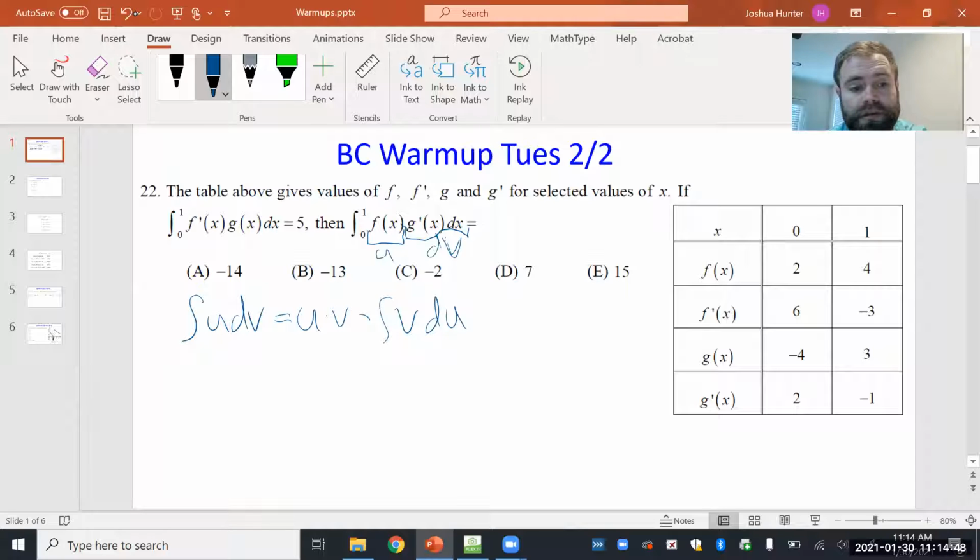Let's write this down with our table. That would mean u is going to be f, and we're going to find du, find v, and we have dv. dv we just said is g prime dx, and then the antiderivative of g prime would just be g. The derivative of f is f prime.